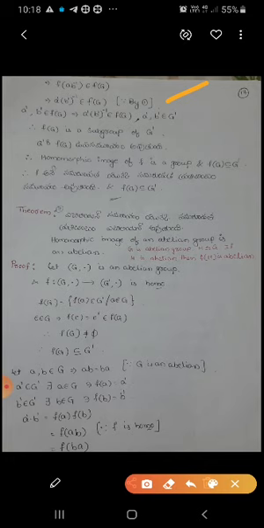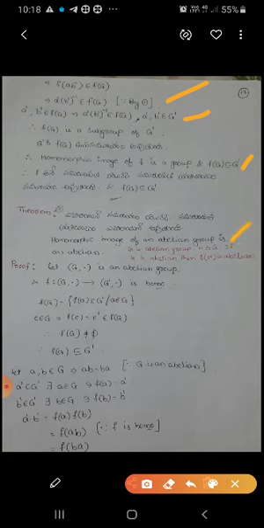So a', b' belongs to f(G) implies a' b'^-1 belongs to f(G), and a', b' belong to G'. Therefore f(G) is a subgroup of G'. Therefore the homomorphic image of f is a group and f(G) is a subset of G'. So this is the proof.